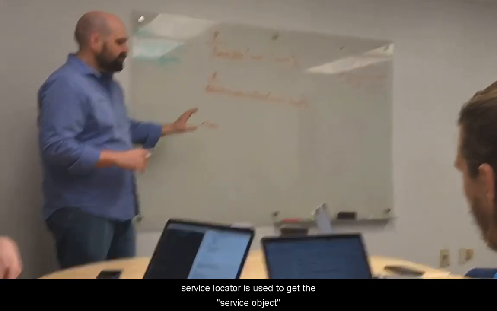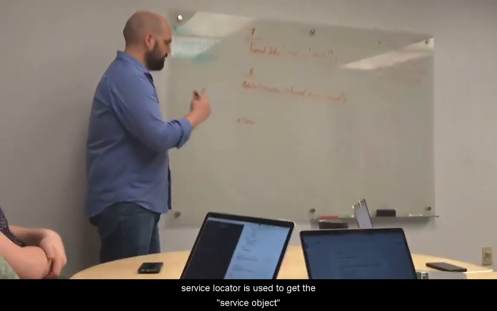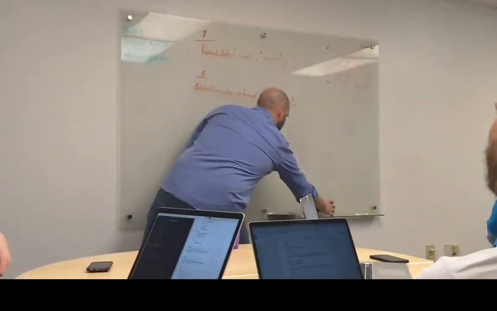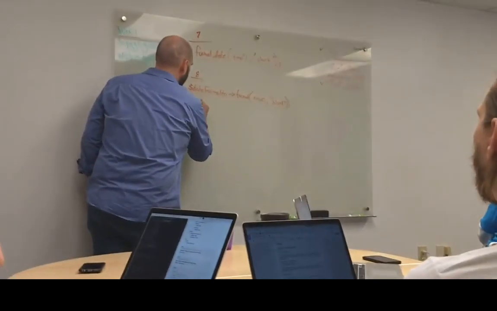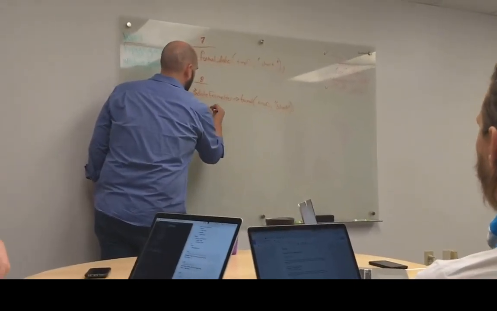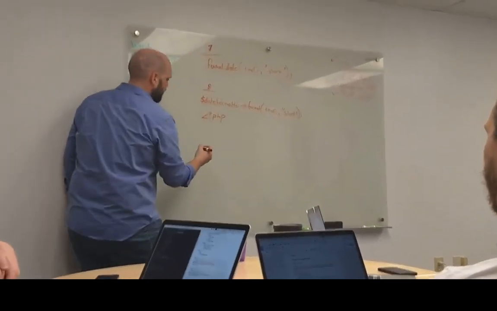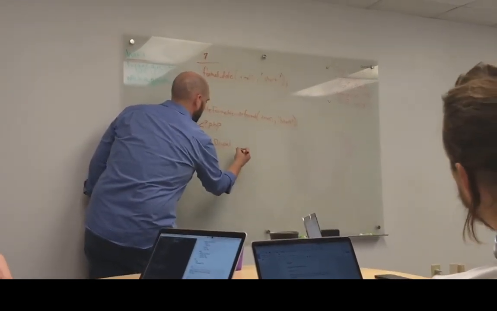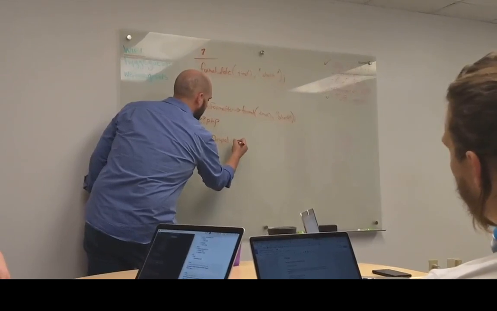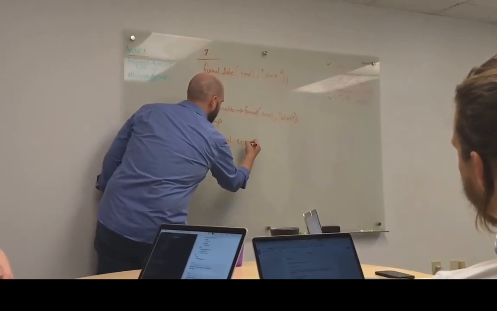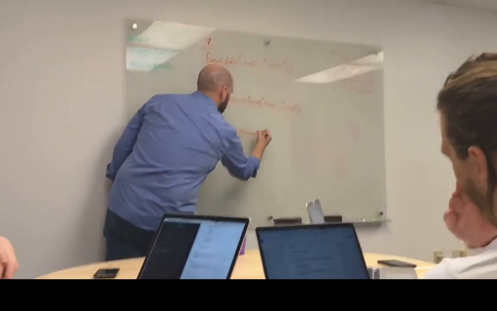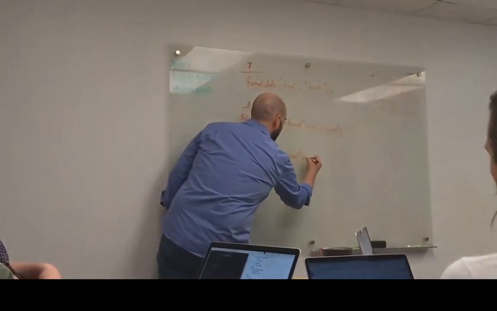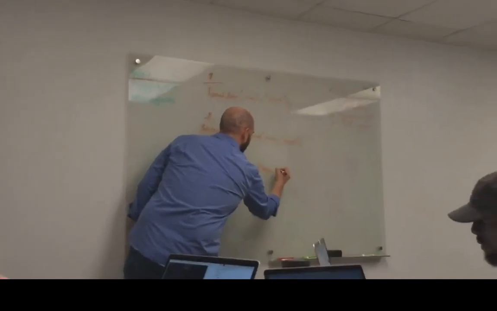And using the service locator looks like this. We say Drupal service, and then the name of this service, which happens to be date.formatter.